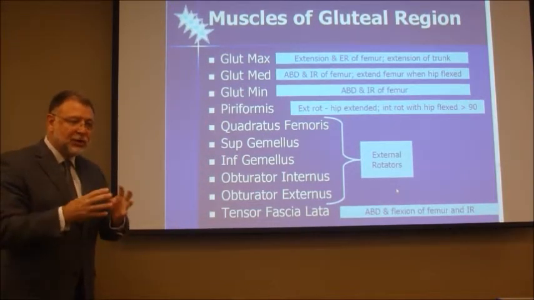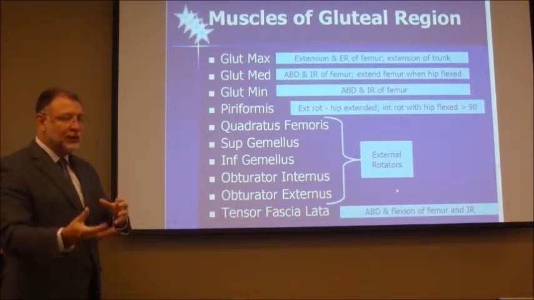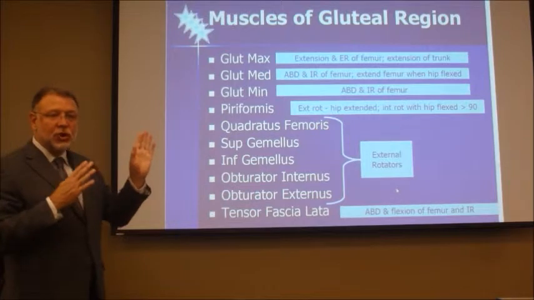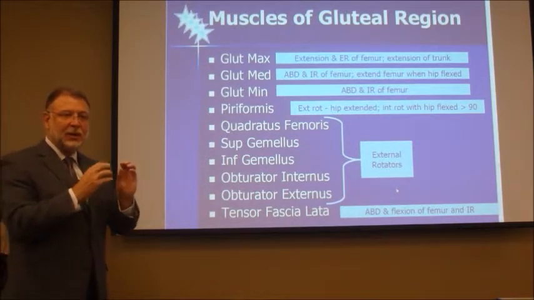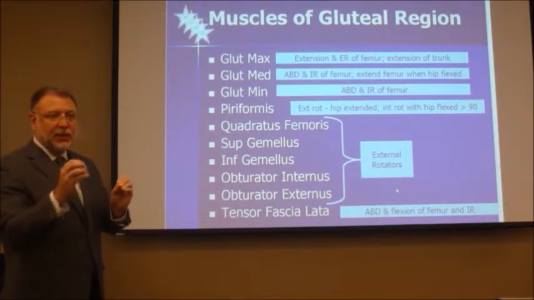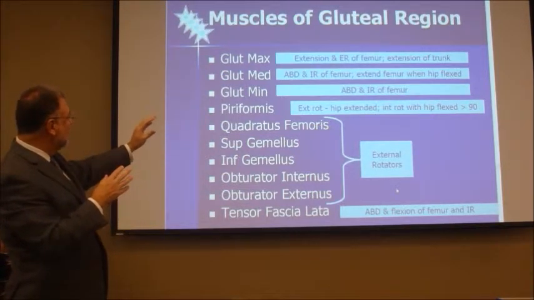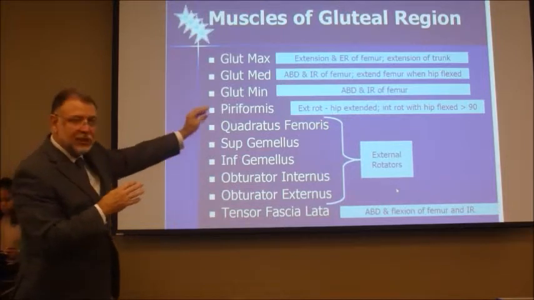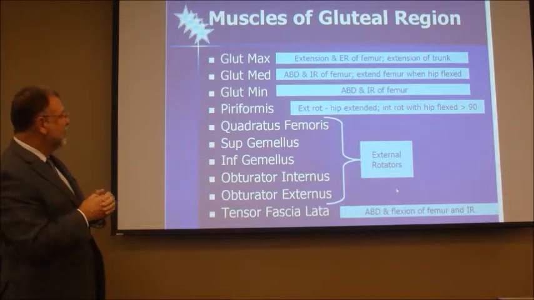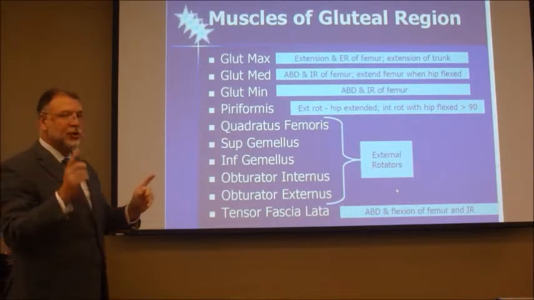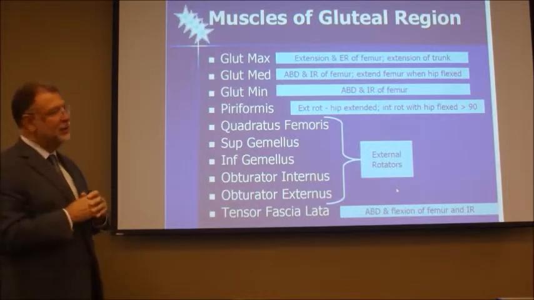For all the motions that you can get from a muscle action at a joint, it's important to understand that there's no single muscle that does one specific movement. So for internal rotation, you have to group them. What are the internal rotators? Gluteus medius and minimus, tensor fasciae lata, and piriformis. But the piriformis has a situation: to do that internal rotation, the hip has to be flexed more than 90 degrees.